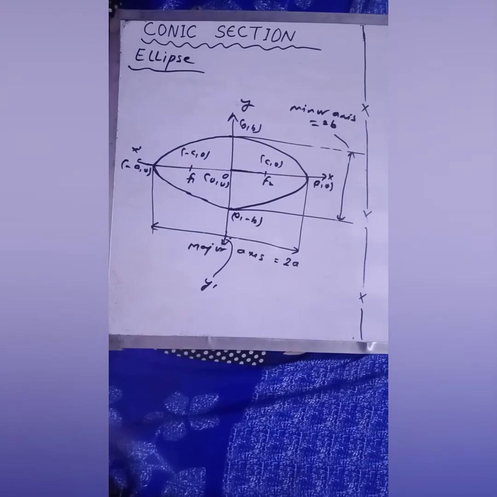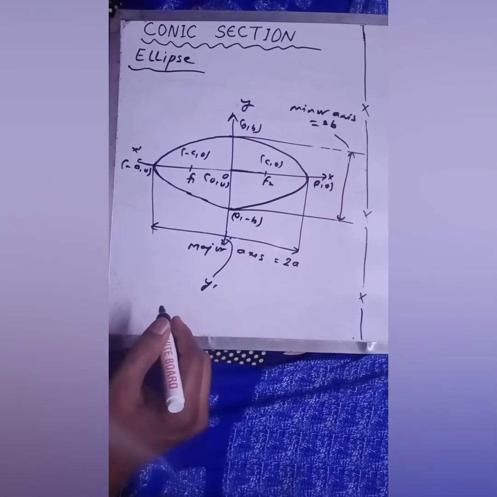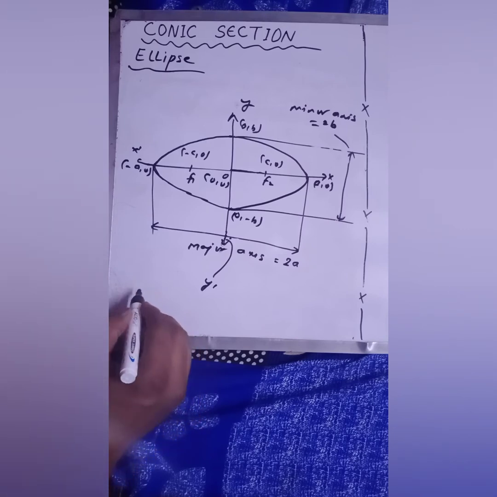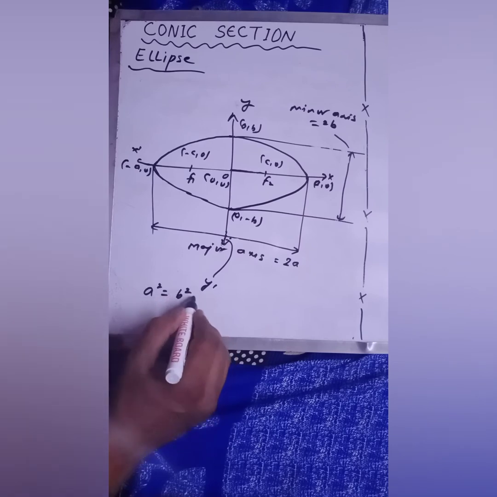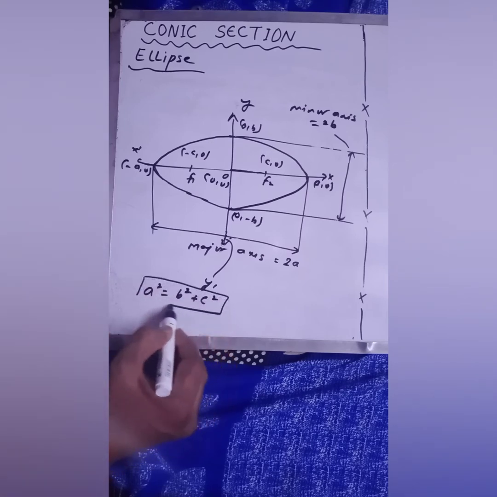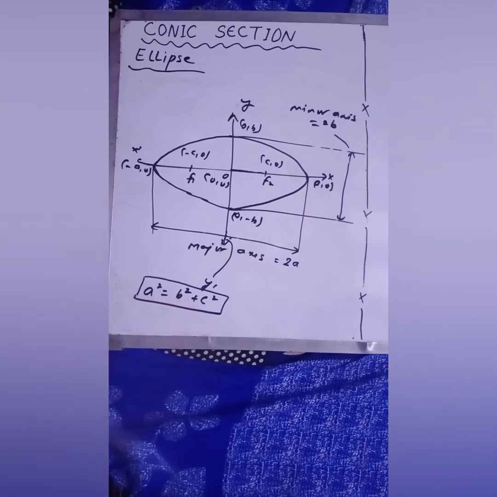After that, you have to learn some relations. Your a square will always be equal to b square plus c square. So this formula you have to learn. This is a relation between a, b and c.